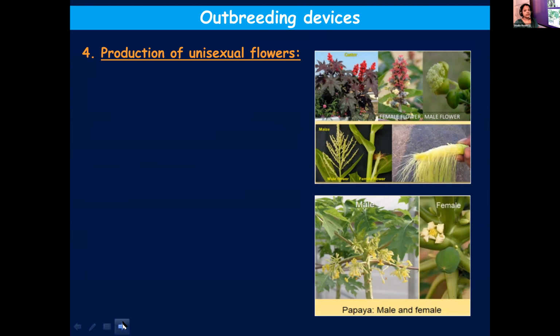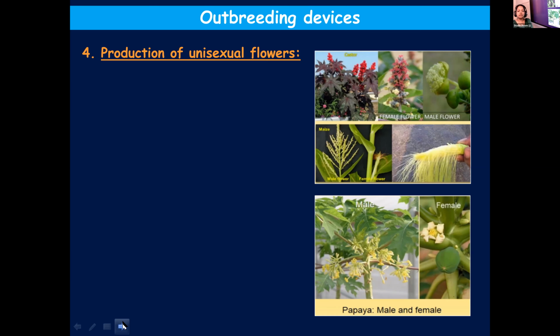Now moving on to the fourth and last outbreeding device, production of unisexual flowers. And this can take place in two ways. You know that in hermaphrodite or bisexual flowers, the same flower will have male and female reproductive parts, pistil as well as stamen. But in unisexual flowers, either they will have the male reproductive part, stamens, or they will have the female reproductive part, pistil.